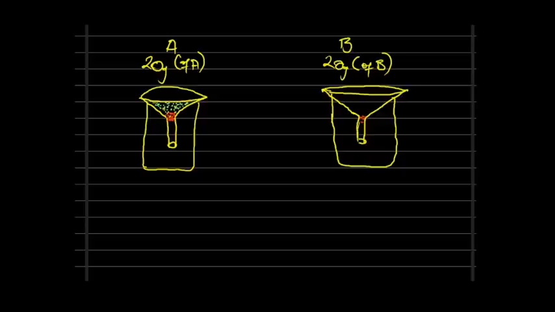We have our funnel looking like this, and inside this we are putting some cotton wool to prevent our soil from running through it. And our second soil type B, we're designating it with these blue shadings.